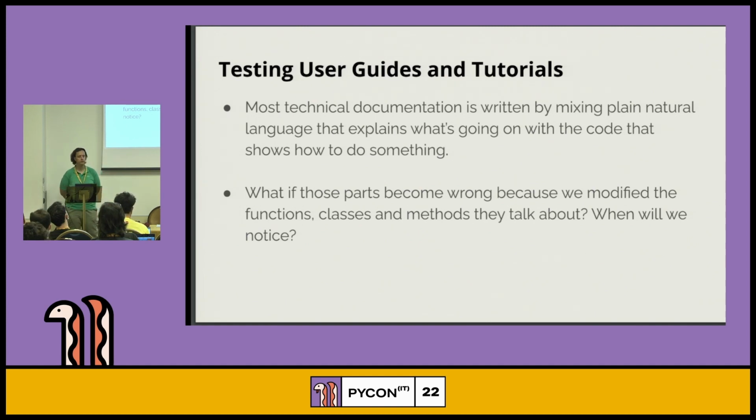The majority of that kind of documentation is written by mixing plain natural language, so English or Italian or whatever, where you explain to the user what you are going to show, what you are trying to do, or what they can expect from the code, and then interleaving that explanation with the actual code.